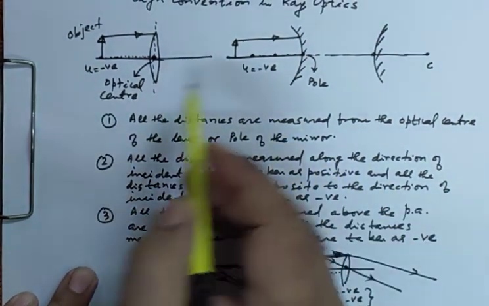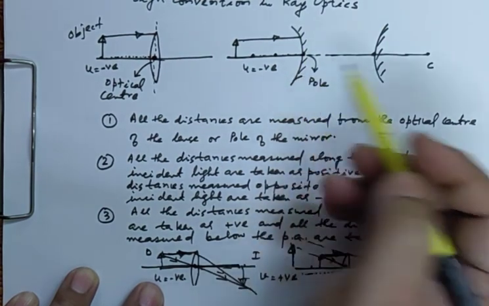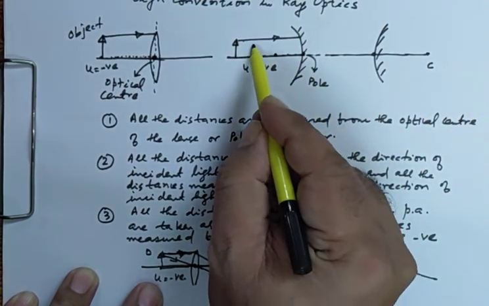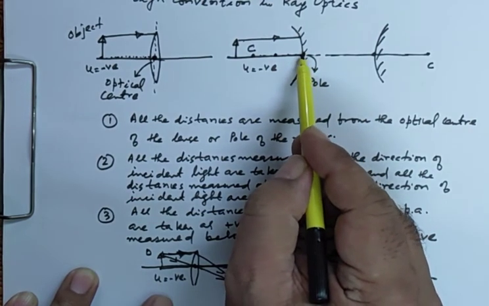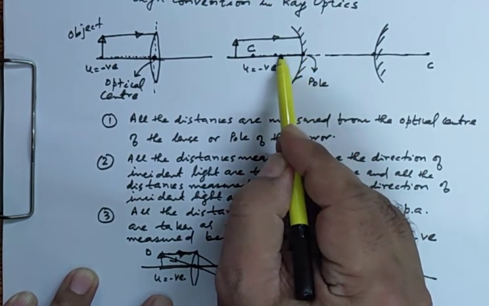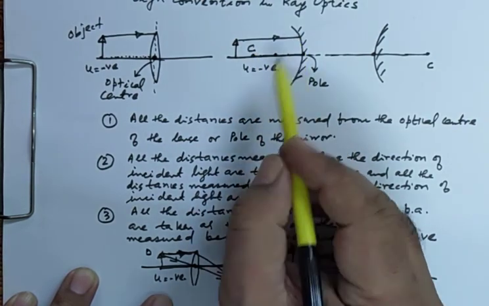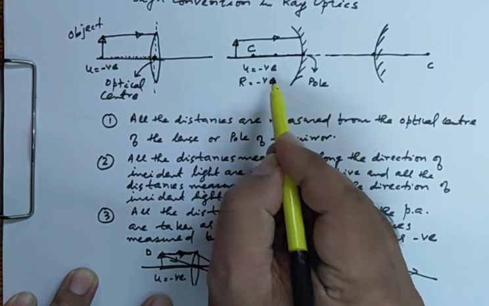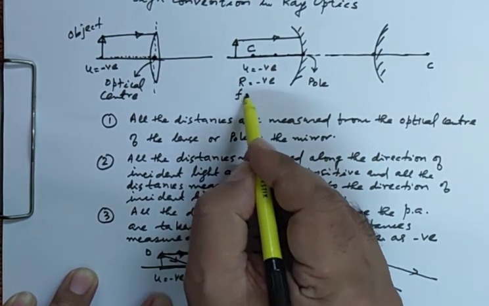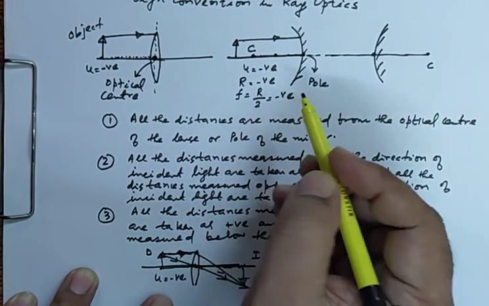Now for the focal length, let us consider the case of a concave mirror. This is the center of curvature. If I want to measure the radius of this mirror, I will start moving from the pole to the center. So again I am moving against the direction of incident light, so the radius of curvature would be given a negative sign. So f, which is r by 2, will also have a negative sign.